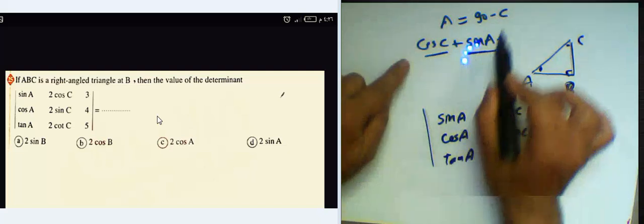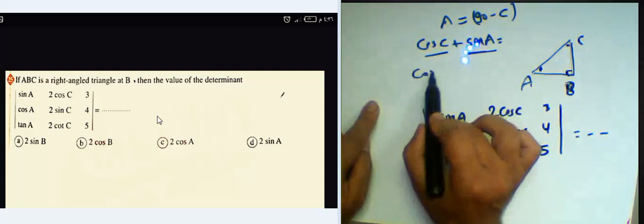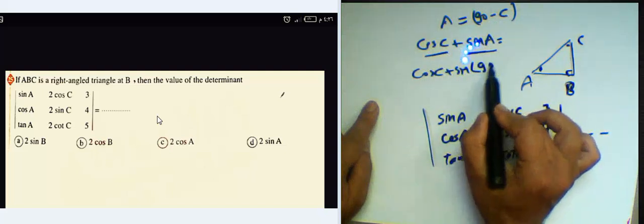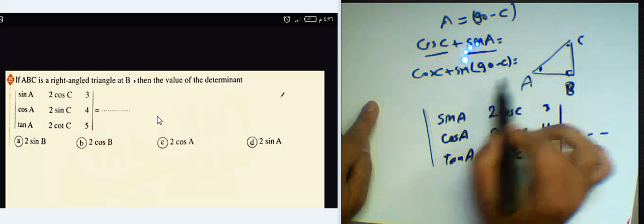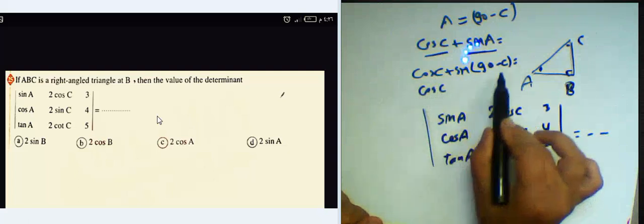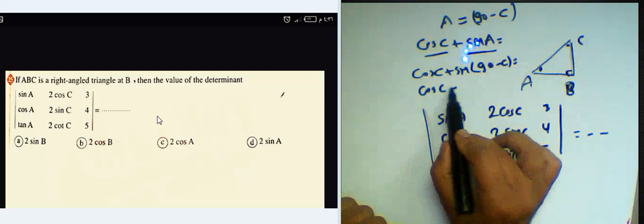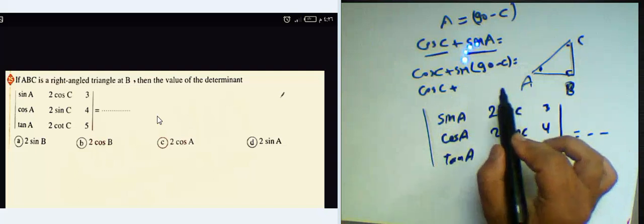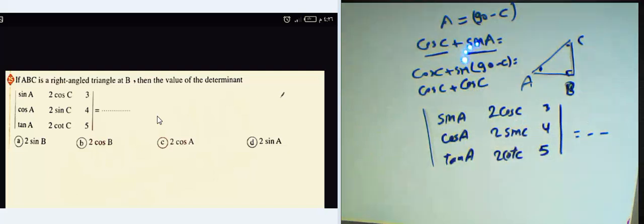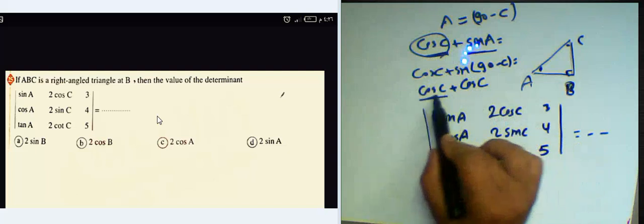Put here this angle A equals 90 minus C. Then cosine C plus sine of 90 minus C equals what? We know cosine C here, and it will be 90 minus C in the first quadrant, sine becomes cosine C. Then we have equality between cosine C and sine A.